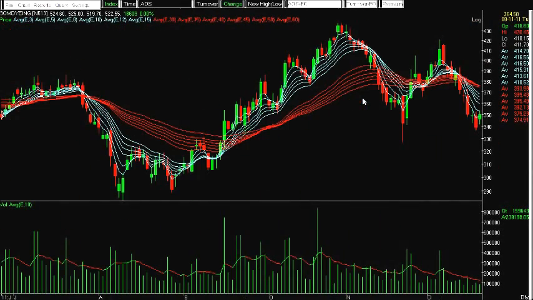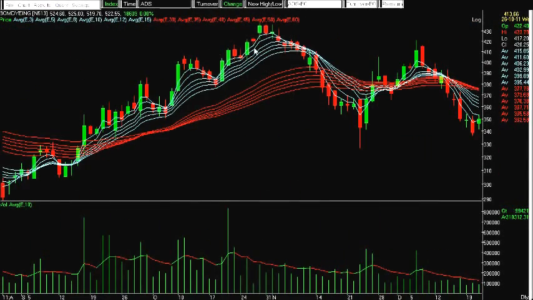Like I said, the first 6 blue ones are short term moving averages, and the remaining 6 are long term moving averages. The periods of all these 12 moving averages are 3, 5, 8, 10, 12, 15, and then 30, 35, 40, 45, 50 and 60.